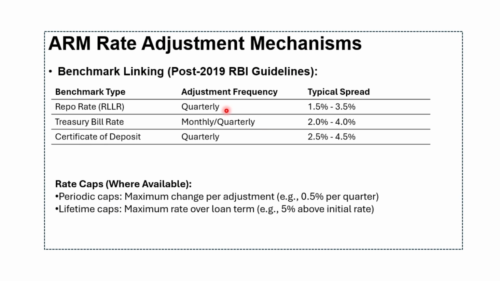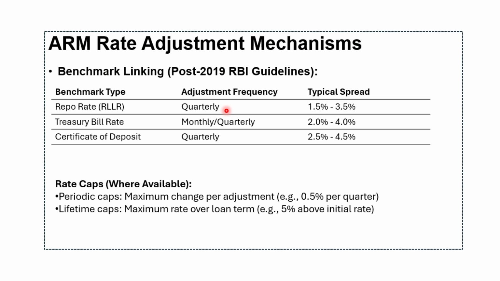We can see it is quarterly adjusted, following RBI monetary policy, and the spread typically ranges from 1.5 to 3.5% depending on the borrower's profile and loan characteristics.